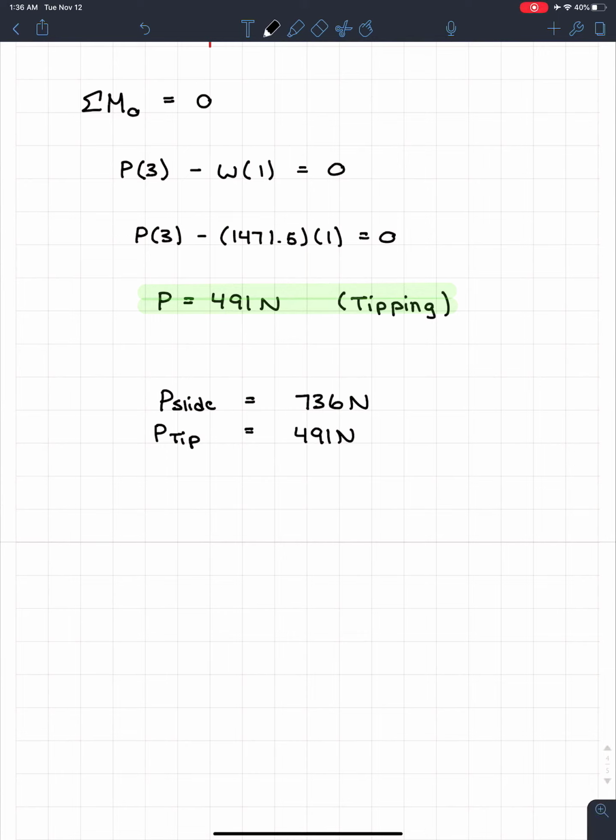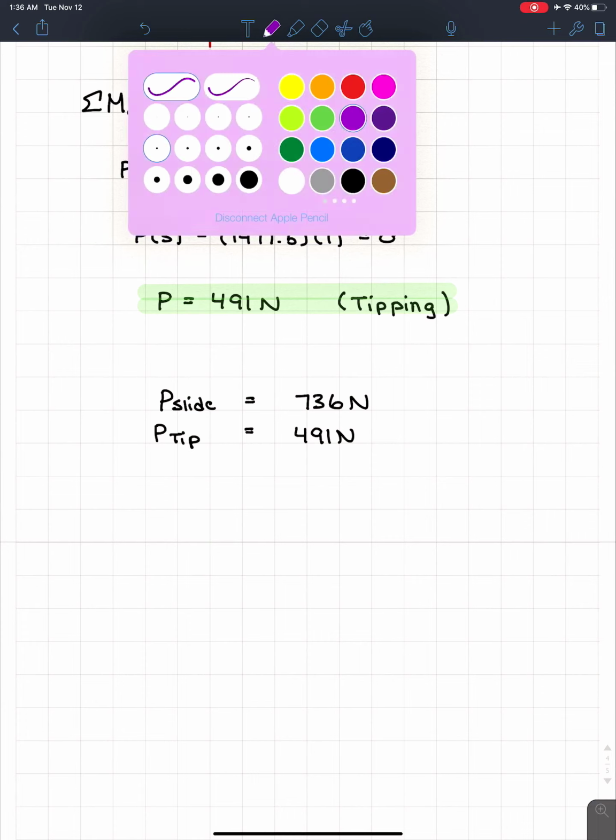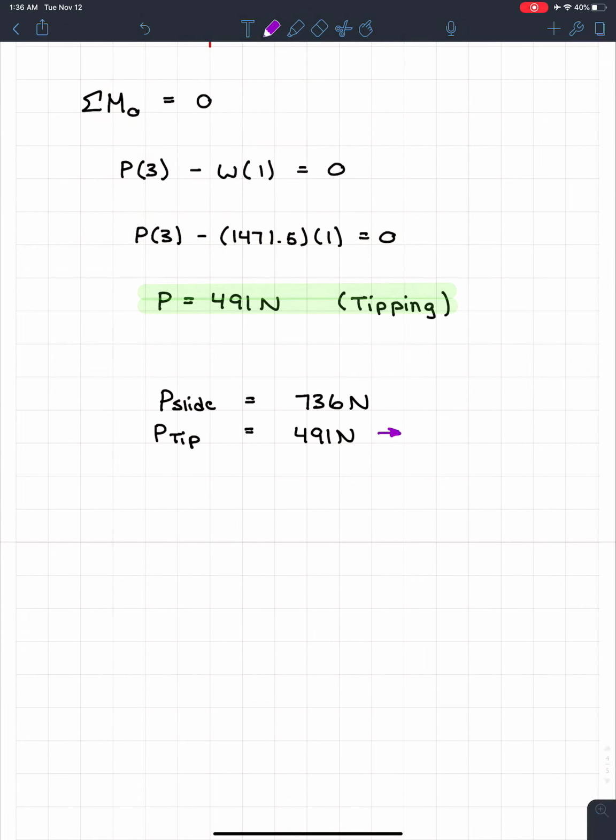If we look at this, remember, when we're making something move, we don't start off high and then decrease the force. If we want to make something move, we start low and increase the force. So if we start at 0 and work our way up, what we see is that P tip is going to govern. We're going to hit P tip before P slide. So therefore, and this is always good to put in a sentence, the crate will tip before sliding.